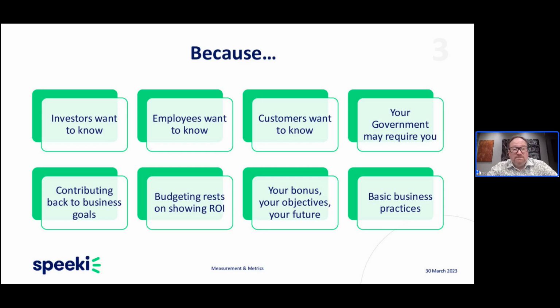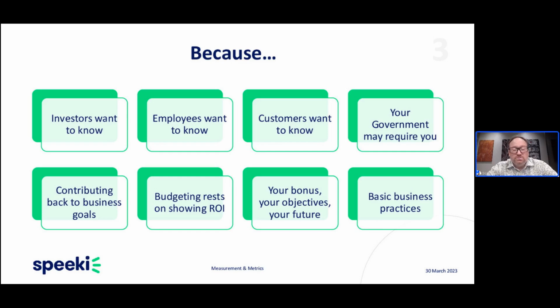At its most simple, it's because these people expect you to have them. Investors want to know how your ESG program is going. Those investors have their own obligations to report ESG issues to their investors. Employees want to know. People want to work for organizations that are performing well. They want to know. Customers want to know.